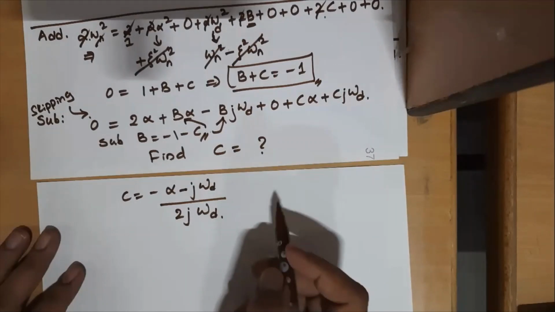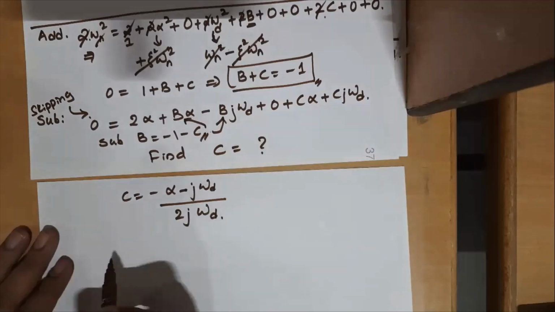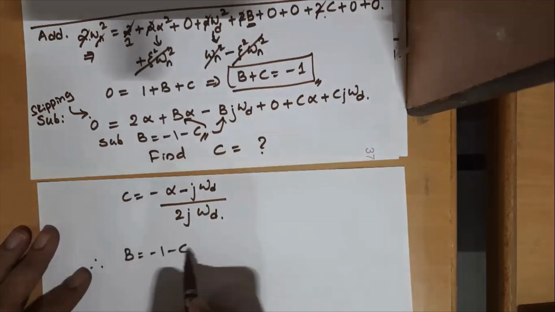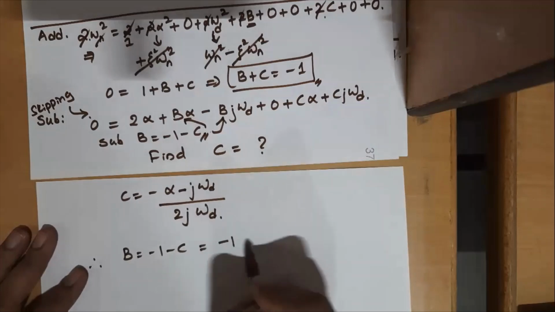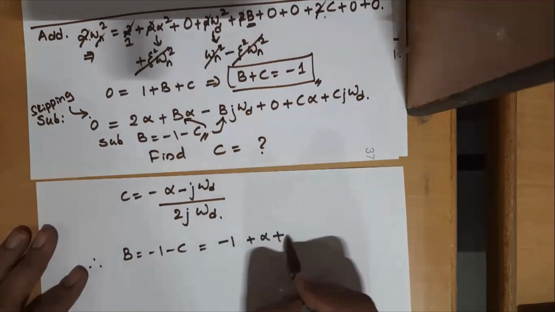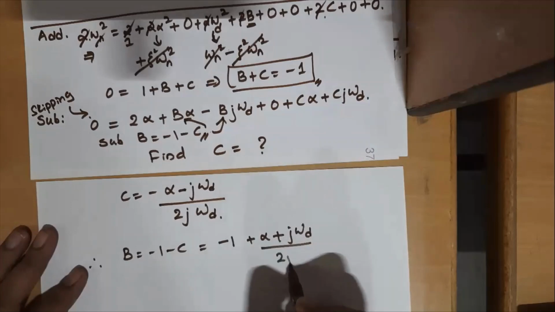Okay, c equals minus alpha minus j omega d divided by 2j omega d. And what is b? b is minus 1 minus c. So just replace all that. Sorry.